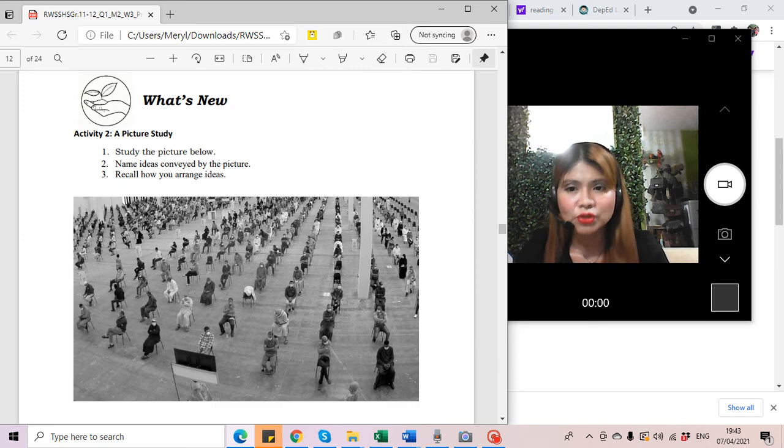And then begin doing What's New. Activity 2, a picture study. Number 1, study the picture below. Number 2, name ideas conveyed by the picture. So if you're going to name, you can think of an event, what's happening. For example, you're seeing people.